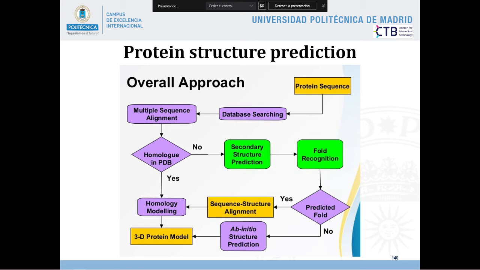For that, what we do is multiple sequence alignment. So multiple sequence alignment, and also simple sequence alignment, is a very initial step of a lot of bioinformatic processes.